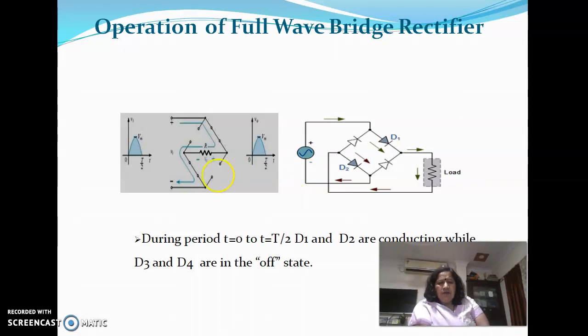During the positive half cycle of the signal, D1 and D2 are forward biased, and D3 and D4 are reverse biased, so they will be in the off state. Current conduction will take place from this point through the diode D1, through the load resistance, through the diode D4 and back to the other end of the circuit.